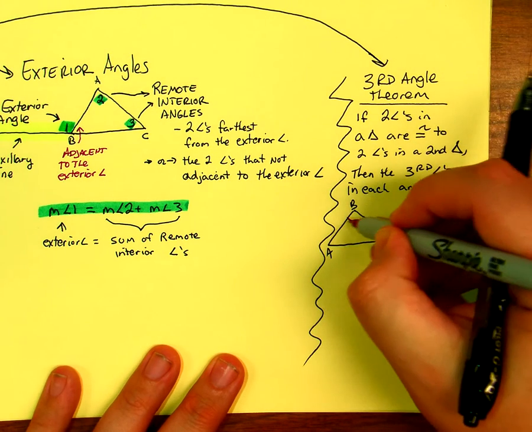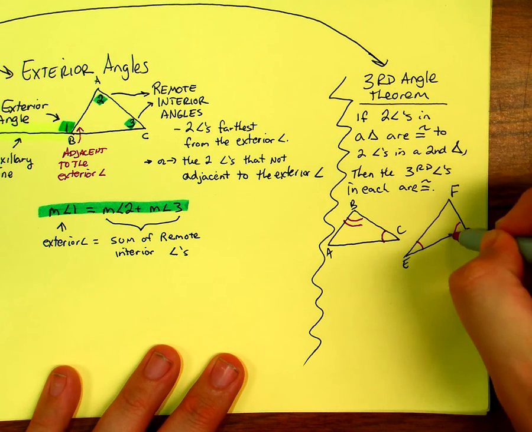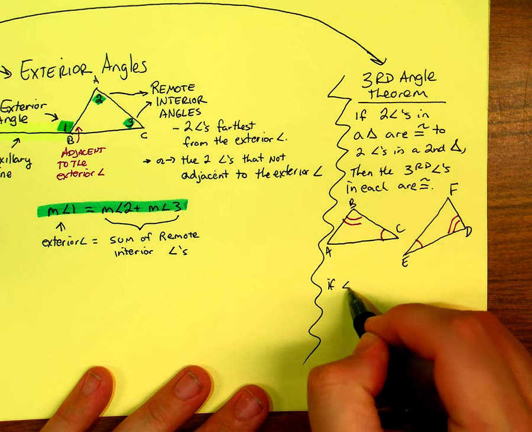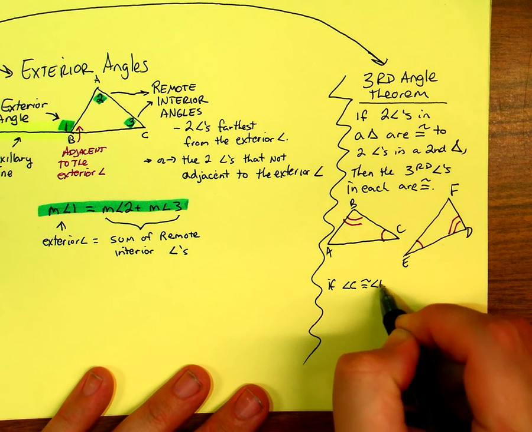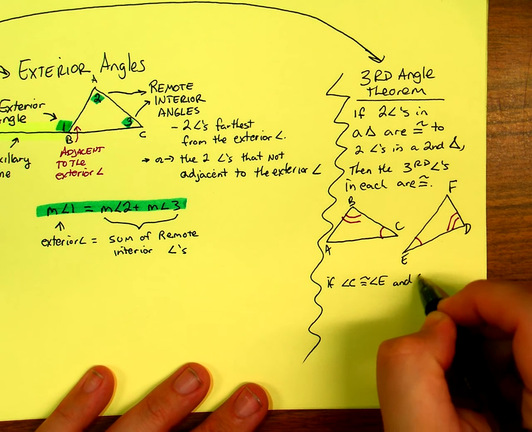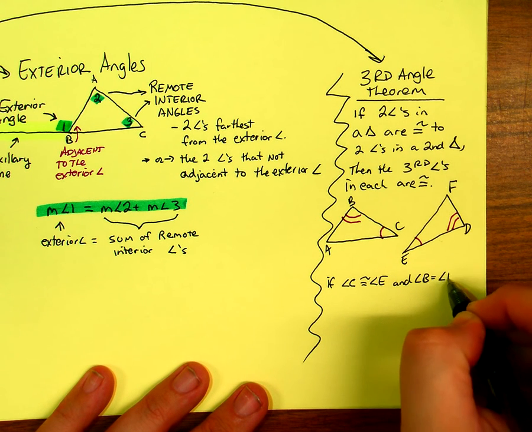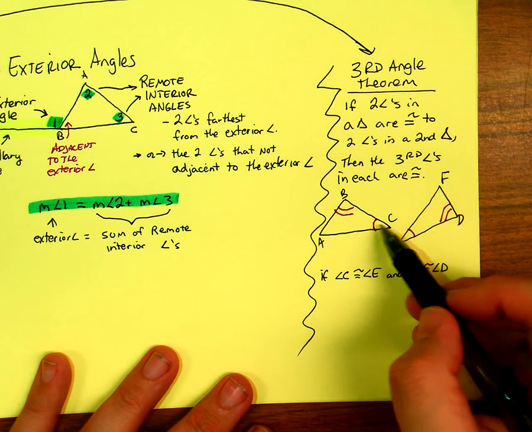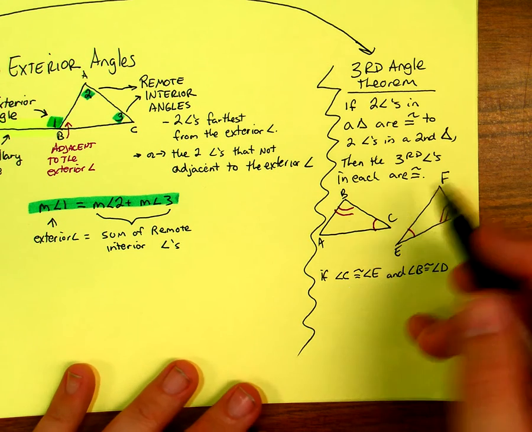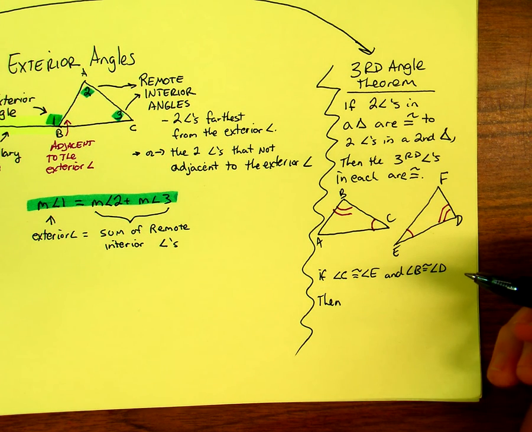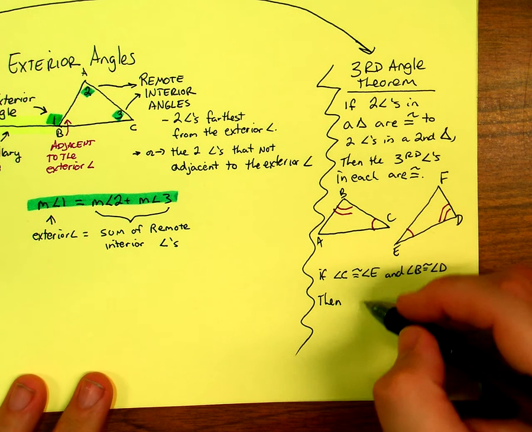So if angle C is congruent to angle E, so that's one angle, and angle B is congruent to angle D, so these are two angles in one triangle and two angles in a second triangle, then what two angles have to be congruent to each other? Yeah, then angle A has to be congruent to angle F.